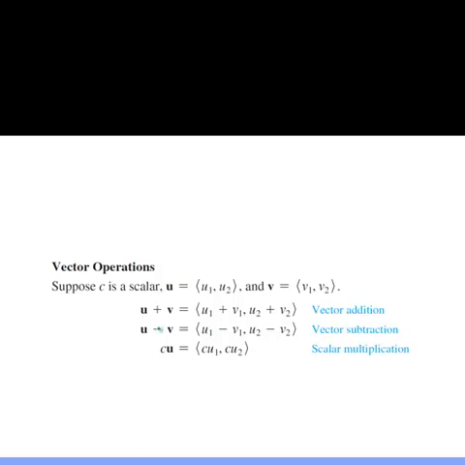This should make sense because u minus v is the same thing as u plus negative v, and negative v would be v, but with negatives in front of the components. Cu is just vector u where the components are each multiplied by that scalar c. All right, let's do an example.